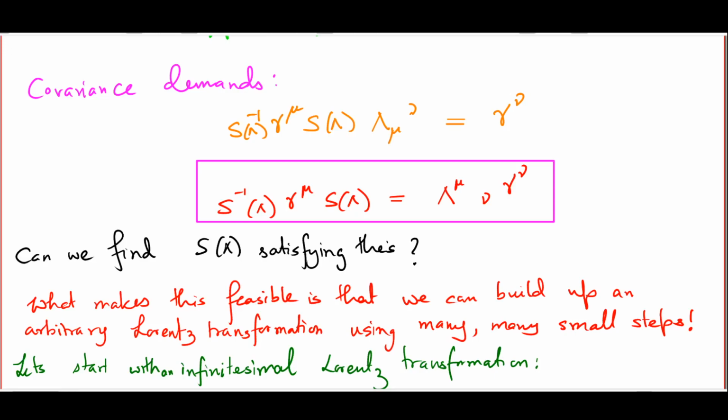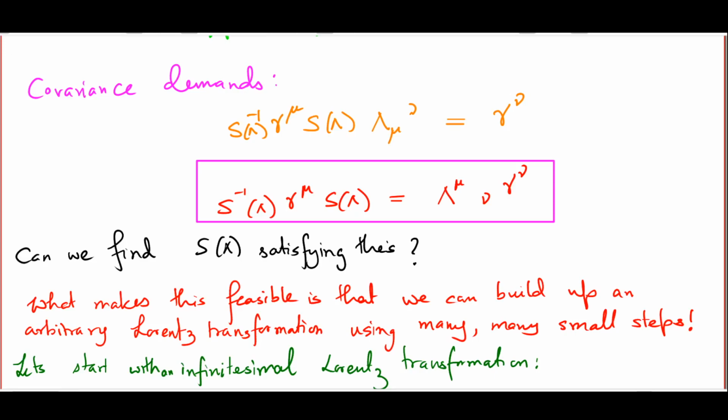Strictly speaking, what you see written on the screen right now is not perfectly true. Technically, a Lorentz transformation is any linear transformation of coordinates which leaves the interval x0 squared minus x1 squared minus x2 squared minus x3 squared invariant.